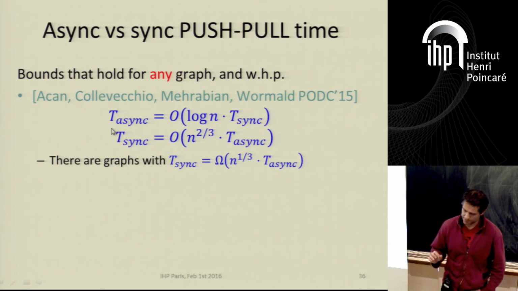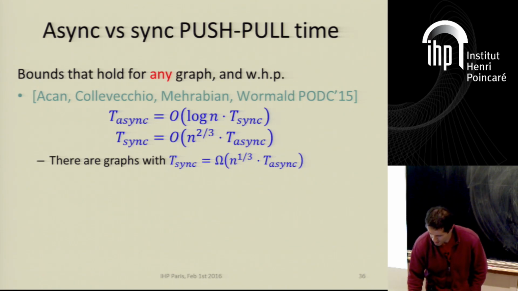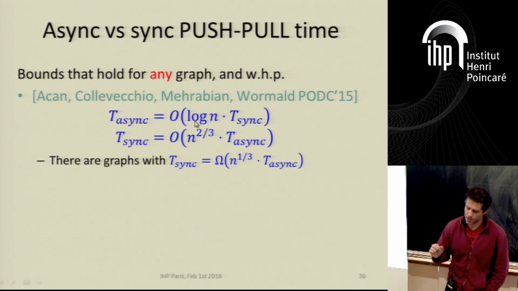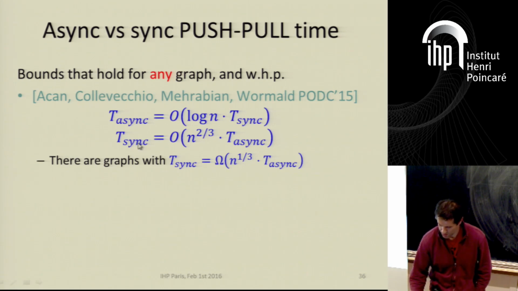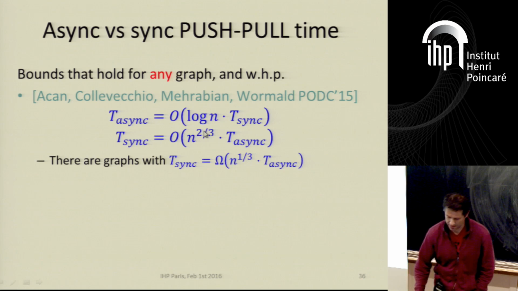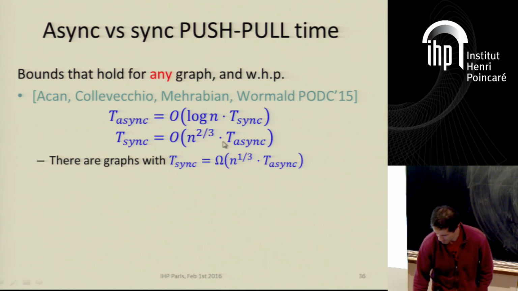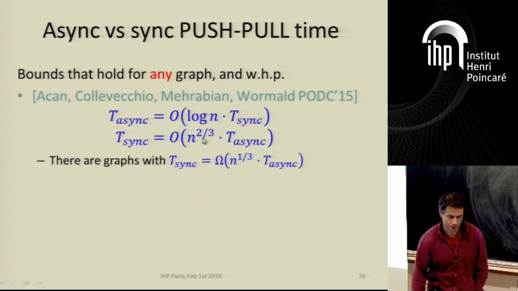For any graph, it holds with high probability that the asynchronous rumor spreading time is at most log n times slower than the synchronous. And the synchronous is, in any graph, at most this polynomial factor larger. So this implies that potentially the synchronous rumor spreading time is much slower than the asynchronous.